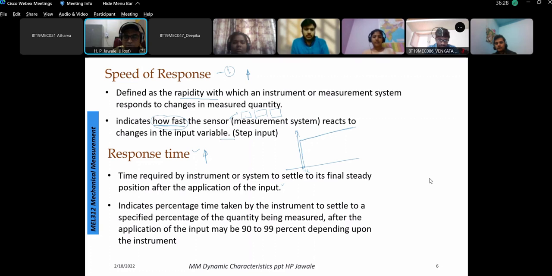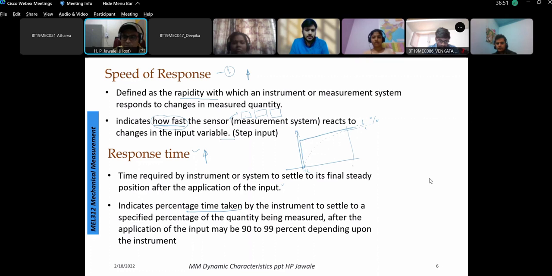It will take some time to show closeness to the reading, and after a certain time it will become more or less stationary. So the instant it has started to give a linear relationship between the output and the input is found out in terms of percentage. So this indicates the percentage time taken.